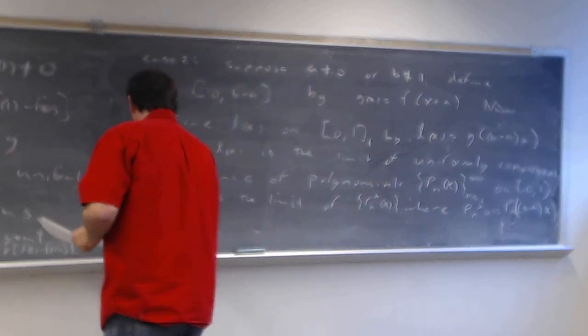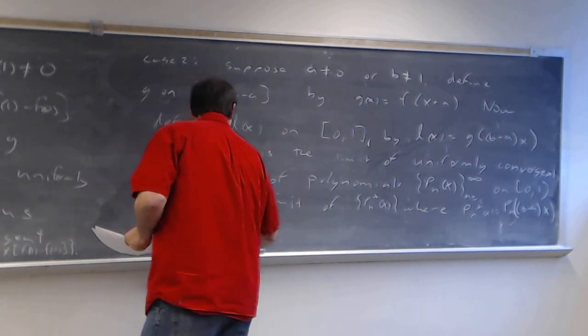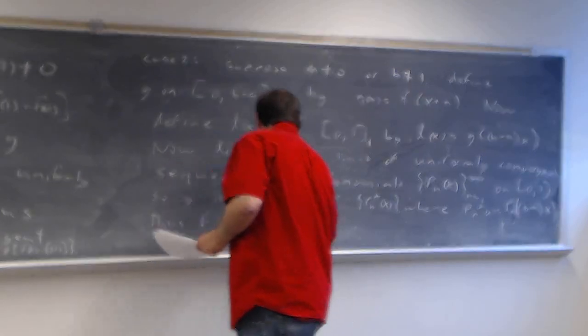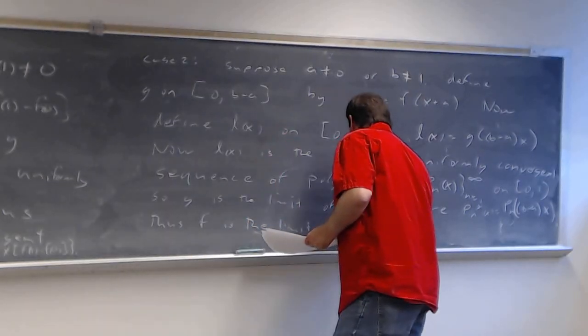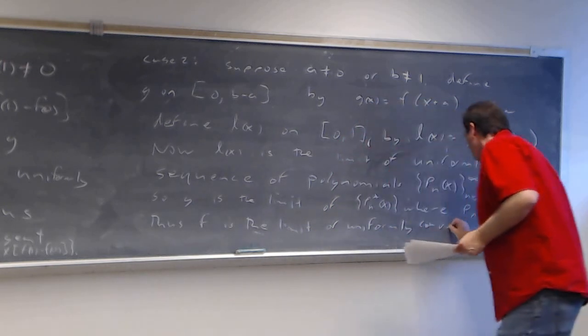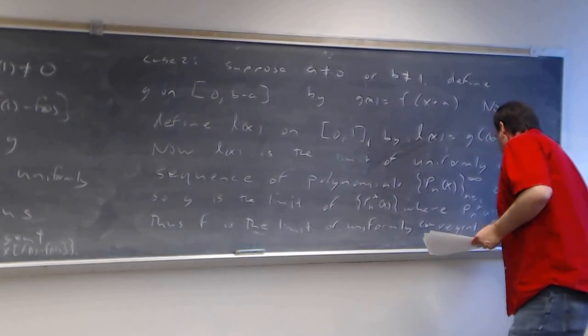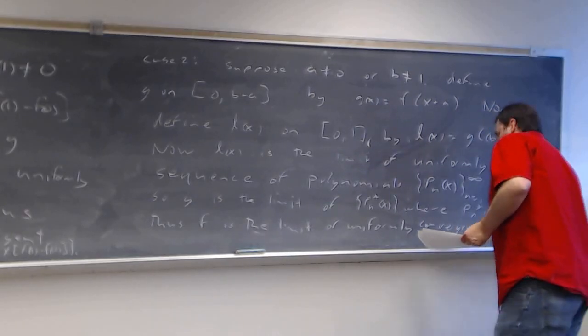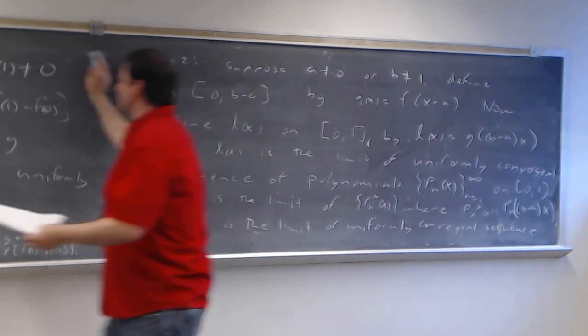Thus, f is the limit of a uniformly convergent sequence of polynomials. Then step over here.